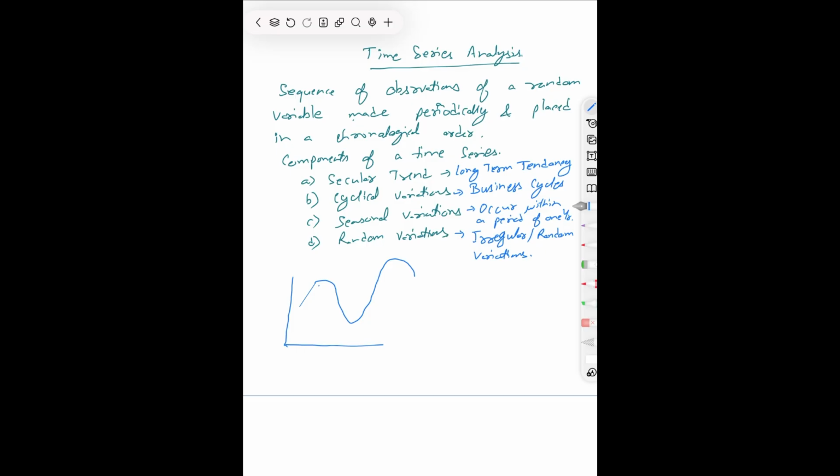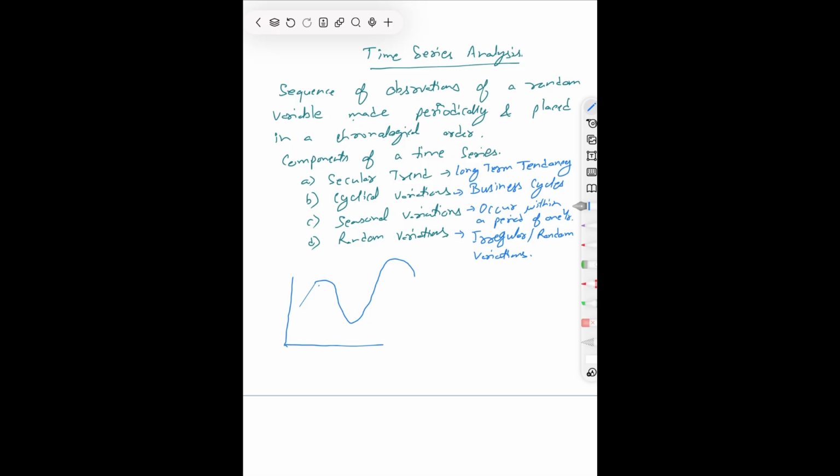These factors are purely unpredictable and they may influence the time series data either favorably or unfavorably. So these are called random variables or irregular variations.